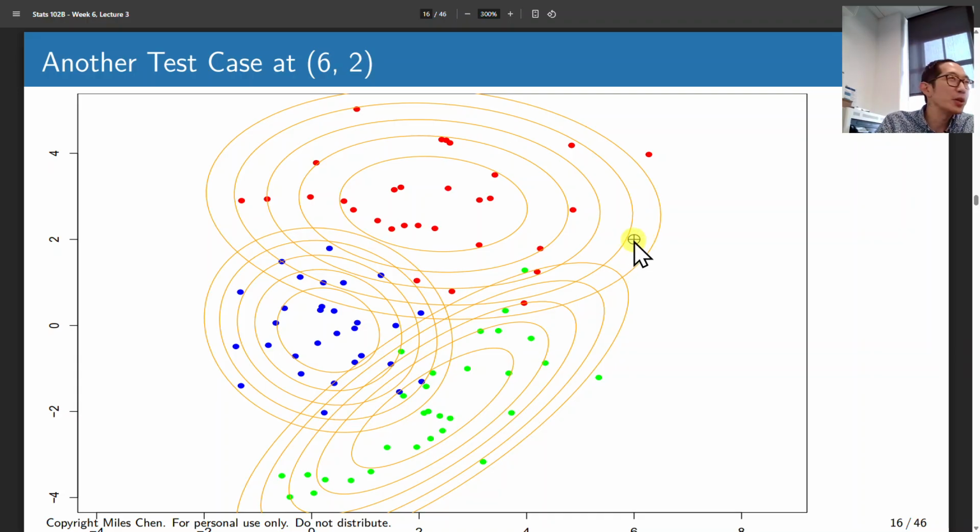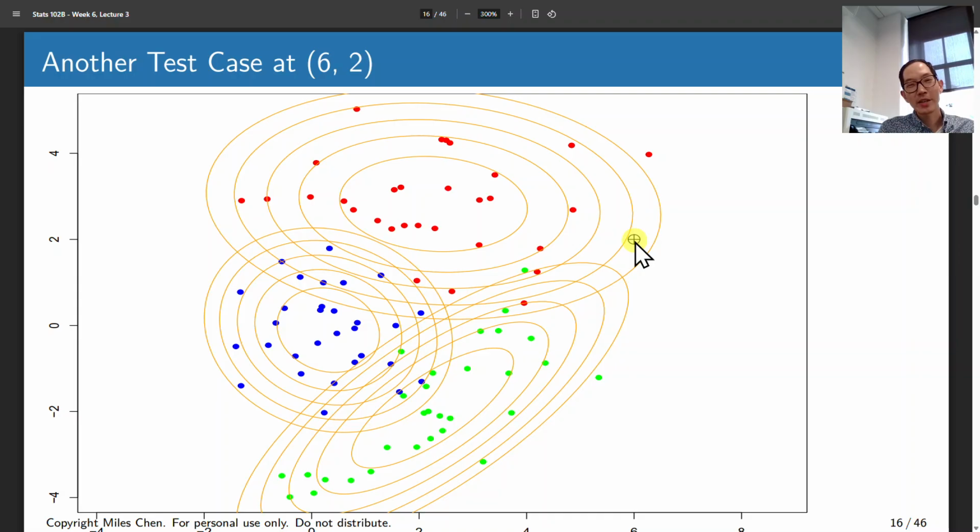This one has a much lower marginal probability. But if we do have this, which class do we think it came from? We're going to say most likely red, because as far as the different ellipses go, this one is at least still inside the 95th percentile boundary.